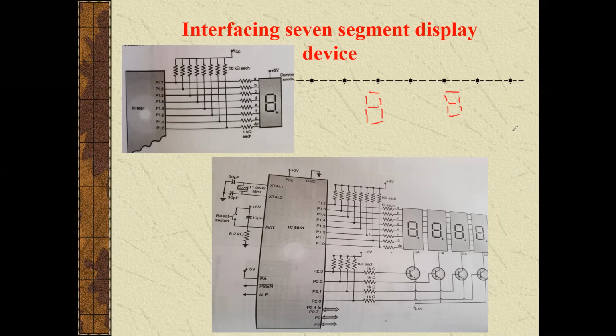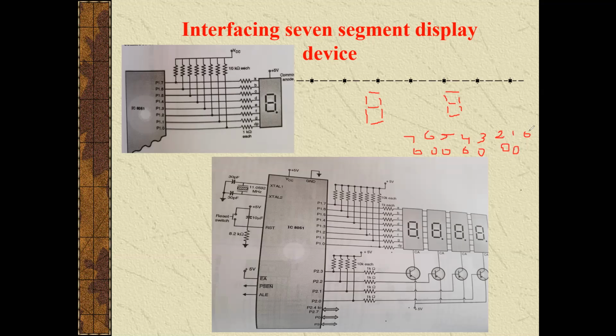There are 7 combinations: 1, 2, 3, 4, 5, 6, 7. If the logic signal, for example, starts from 0, if all are 0, this means no LED will glow.